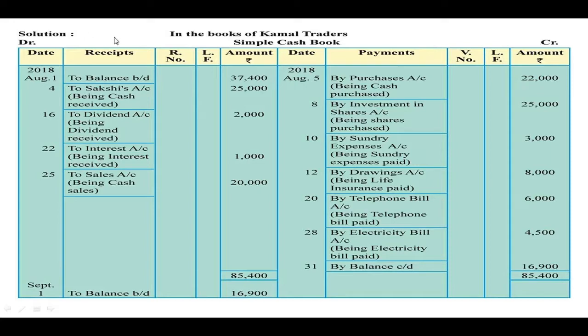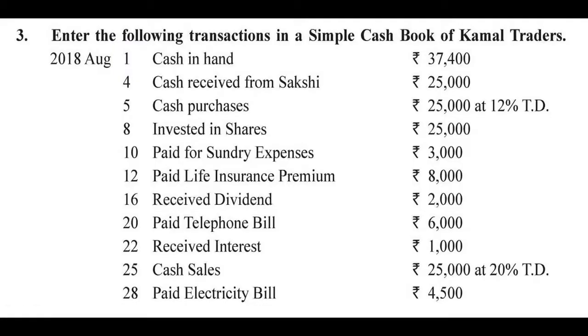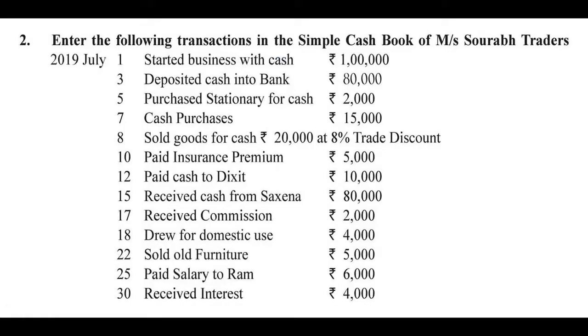Now we will go through the transactions which are given here. 1st August cash in hand rupees 37,400. So students, you have to remember whenever it is given cash in hand, that is called the opening balance. See, there is a difference between these two examples. In the first example, it was given 1st July started business with cash.